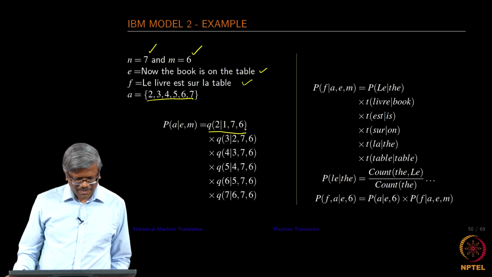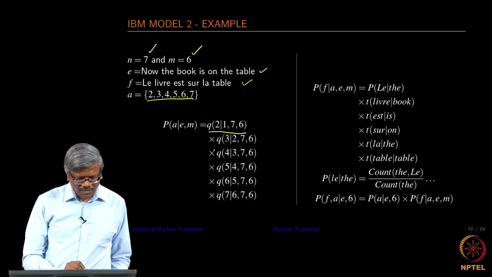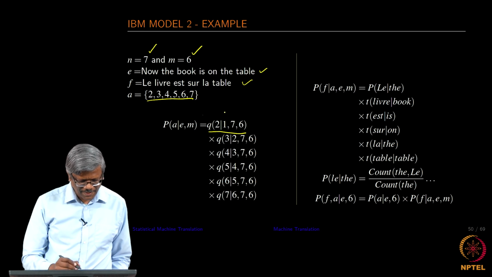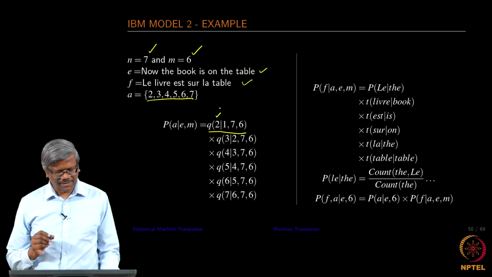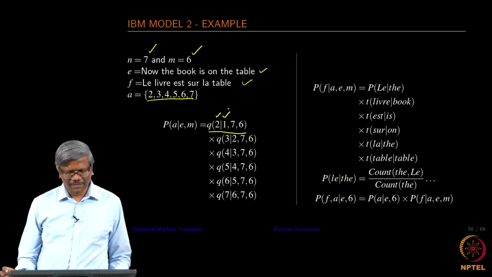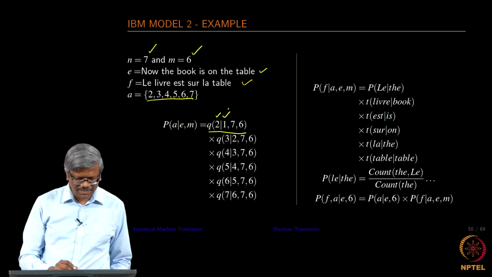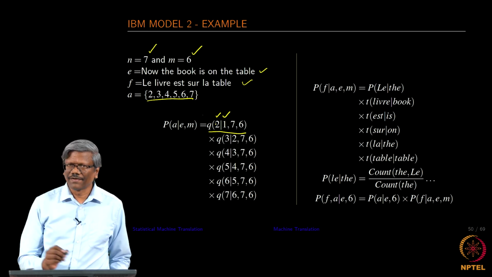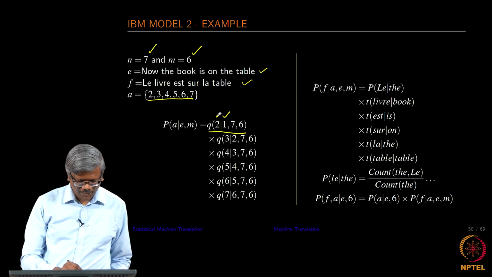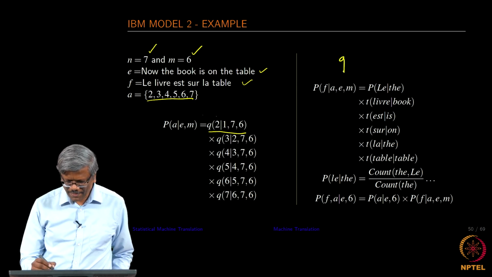So, in this case we are taking the French word, right. In this case we are taking the alignment variable coming from the English sentence, right, and this is the word that is aligned to the second word in English, and so on. Okay, so let us write this.